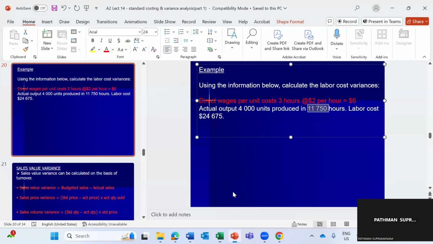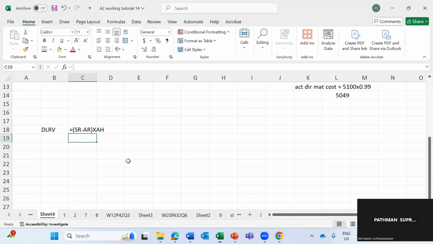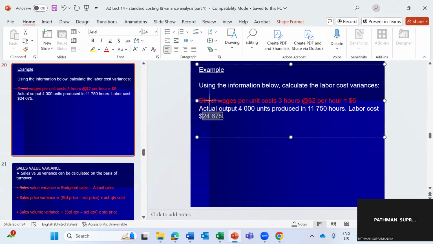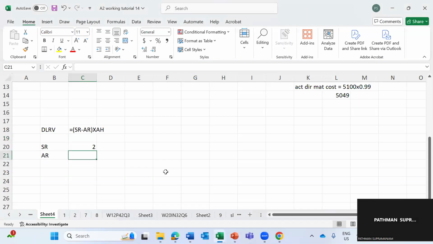Okay, so the standard rate means the standard rate per hour. So that's $2. Now the actual rate per hour is 24,675 divided by 11,750, which will give us an answer of $2.10.